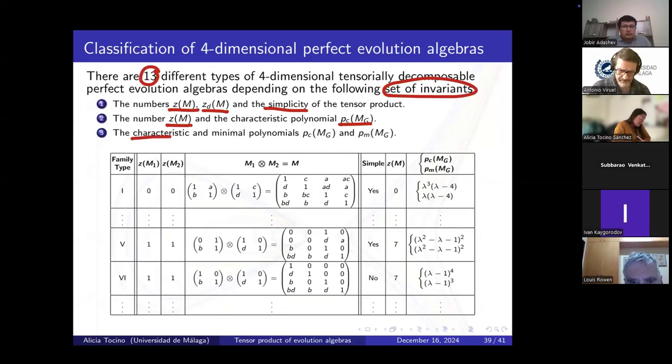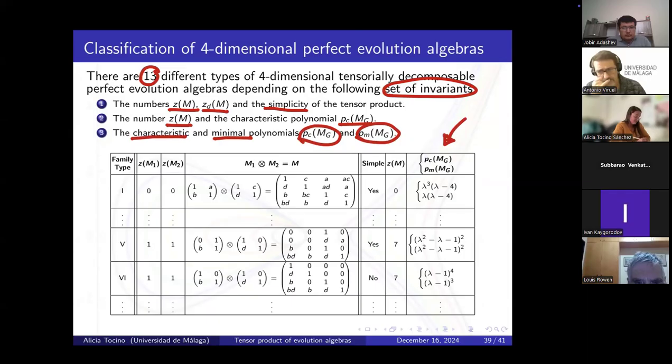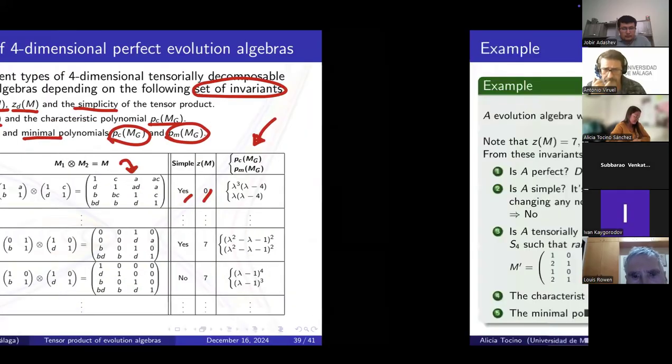And finally, the characteristic and minimal polynomials. In our paper, we give a table just like this, but with 13 rows. We define the number of zeros of M1, of M2. We construct the tensor product. We say if it is simple or not. We count the number of zeros of the Kronecker product. We construct the characteristic and the minimal polynomial, and 13 different types of perfect evolution algebras arise.